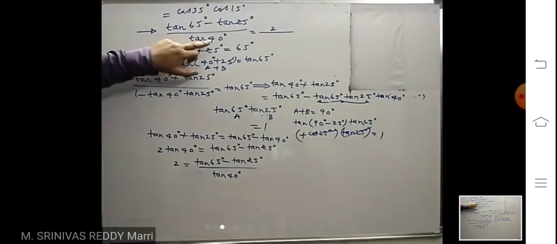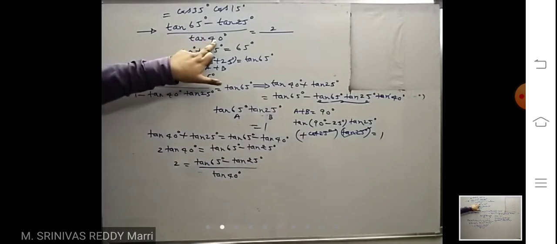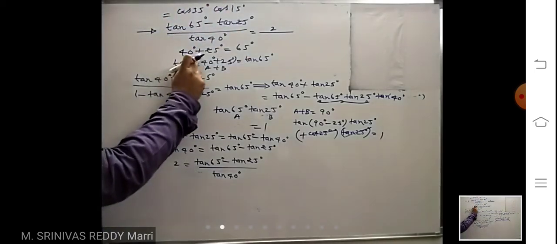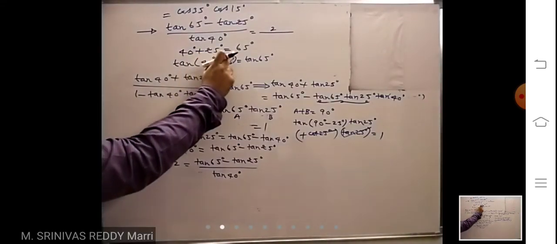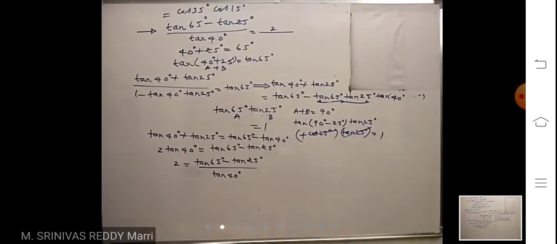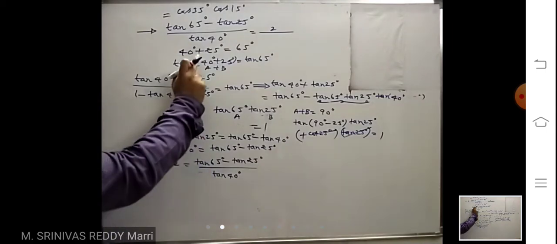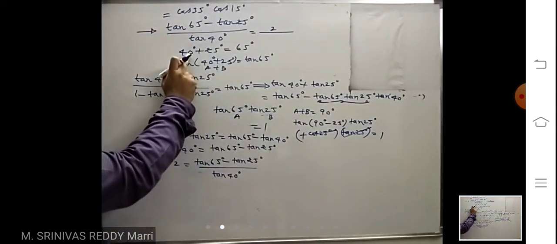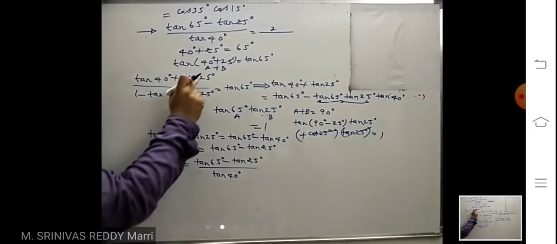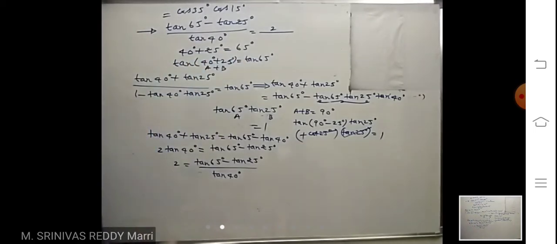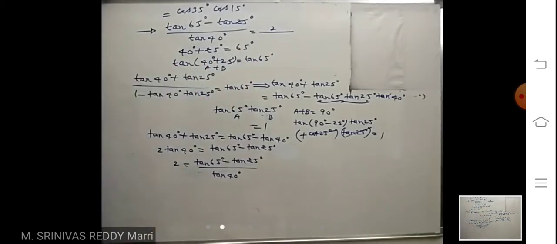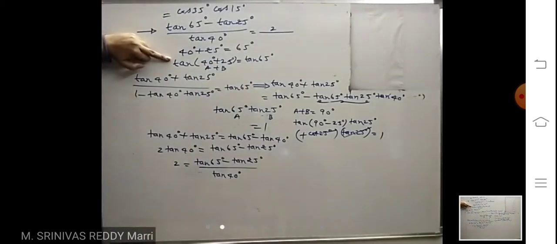You can observe 3 angles here such that 40 plus 25 is the third angle. 40 degree plus 25 degree is nothing but 65 degree. You have to proceed from there. Apply tan on both sides. Right? So taking this relation, apply tan on both sides. So tan of 40 plus 25 is tan 65. Write tan of A plus B.